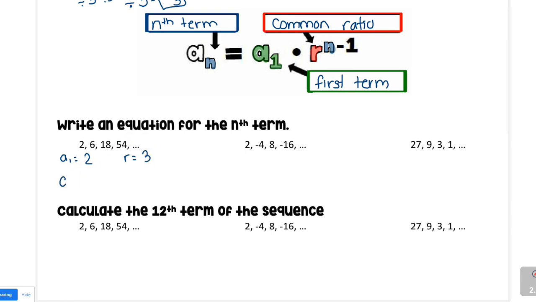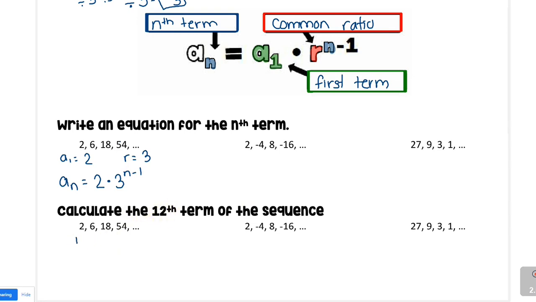Now when we write it, we do A sub n equaling our first term, 2, times our rate, which is 3 to the n minus 1. We are just writing it. Now if we go straight down below, we need to calculate the 12th term.